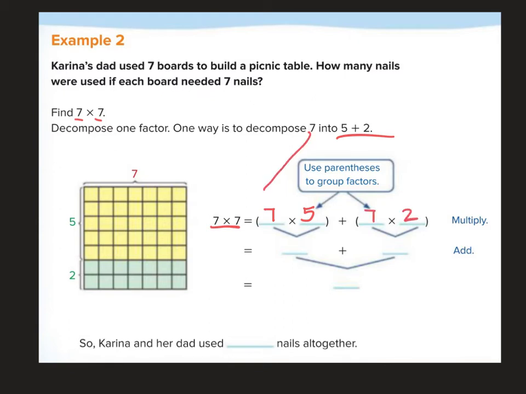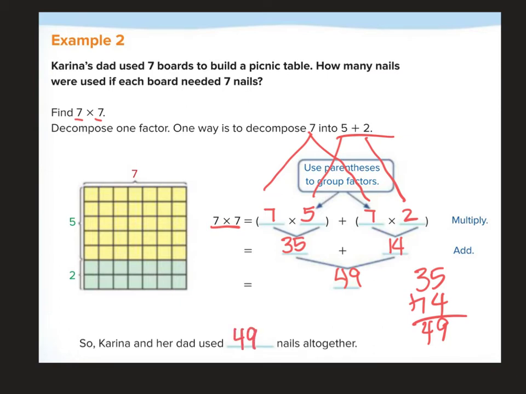Okay, 7 times 5 is 35. 7 times 2 is 14. So if I'm going to add 35 and 14, 5 plus 4 is 9. 3 plus 1 is 4. So our answer is 49. So Karina and her dad used 49 nails all together.